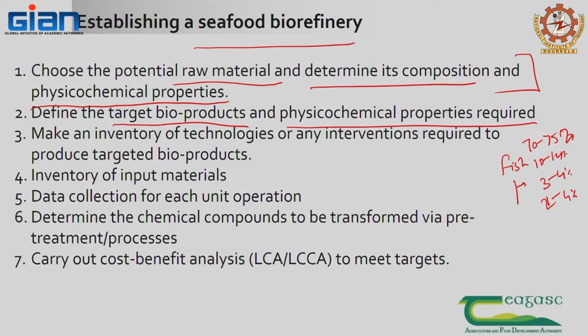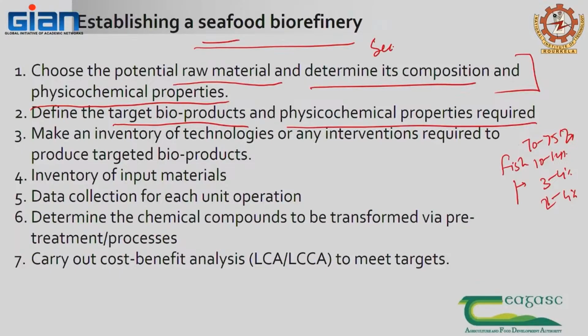So, you determine all those compositions and then try to see what all you want to get out of it. You want to get a whole product, or you want to establish seafood side stream biorefineries.